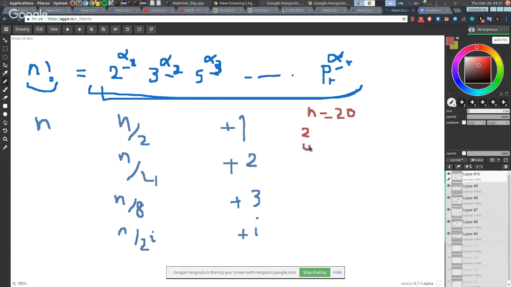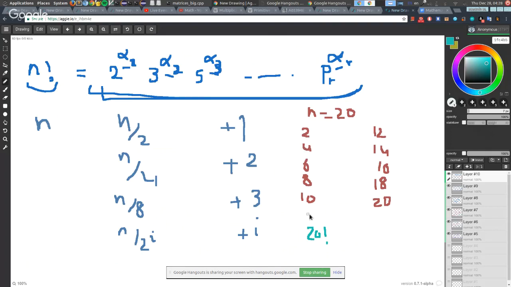So here we have the power of 2 in 20 factorial.